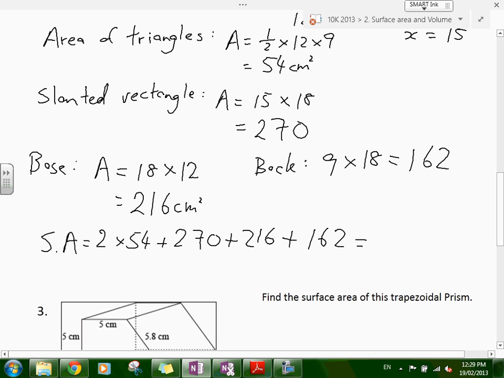I did that in my head. 756 centimeters squared.